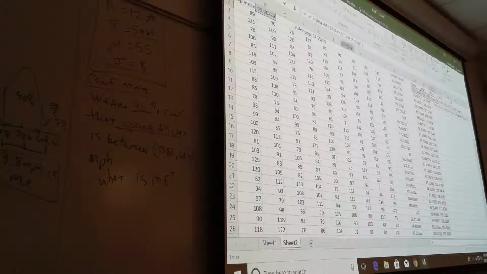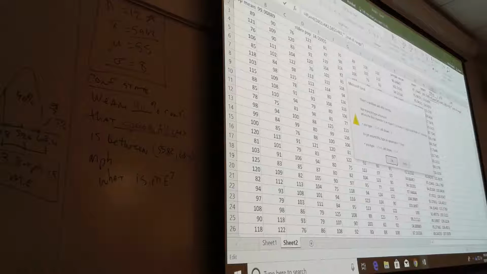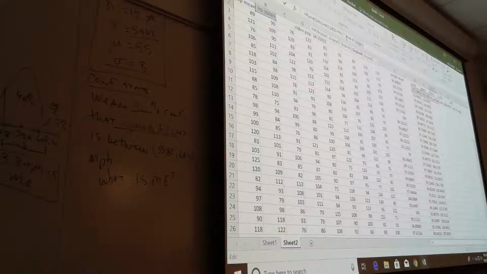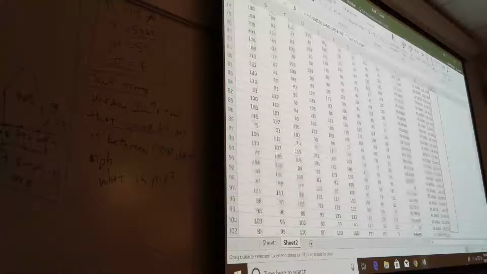I'm only doing this to make it easy to figure out which ones are out of range. But hopefully, when I do this, it's going to be easy to see, and there should be roughly 5 out of range.